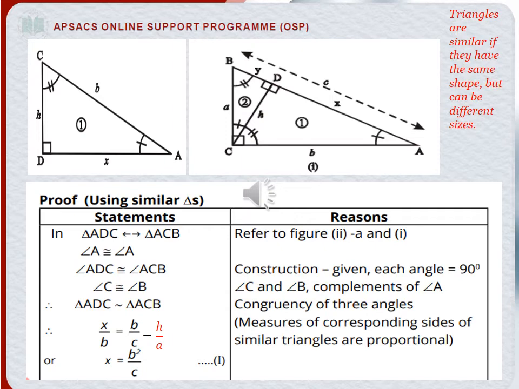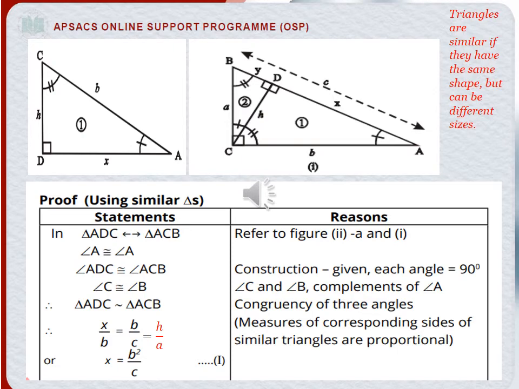Second property is that the measure of corresponding sides of similar triangles are proportional. Here the corresponding sides are base upon base, that means x upon b, and the comparison of like quantities is ratio, and if we equate ratios then it becomes proportion.